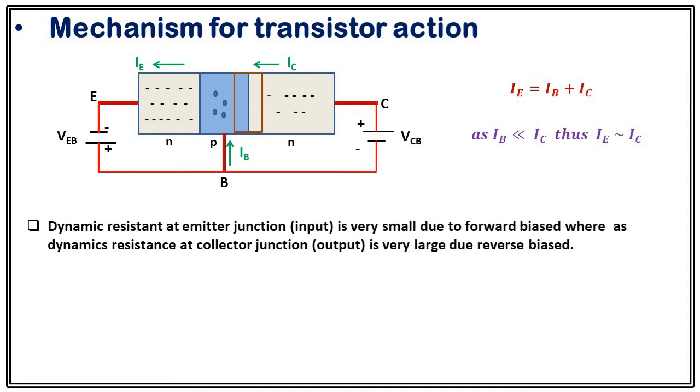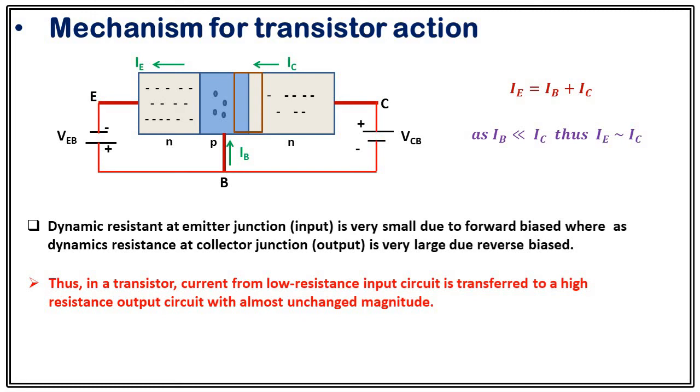Due to the forward bias in the emitter-base junction, which we call the input, the dynamic resistance is very small, right? Because we know in forward bias, a PN junction diode has a very small dynamic resistance. Similarly, the dynamic resistance at the collector junction, which we call the output side, is very large due to reverse bias. So what is happening here?